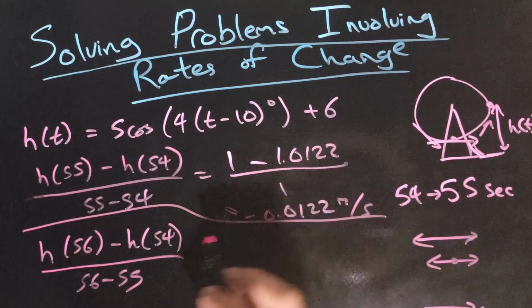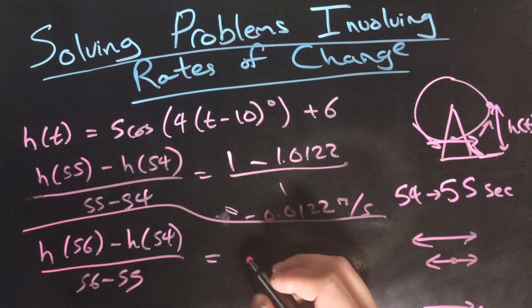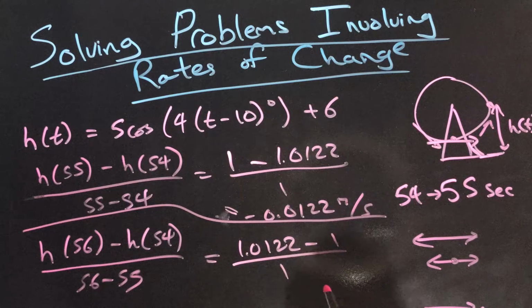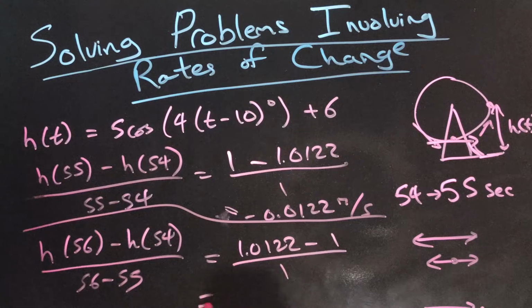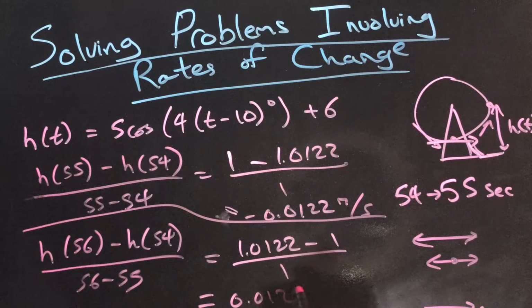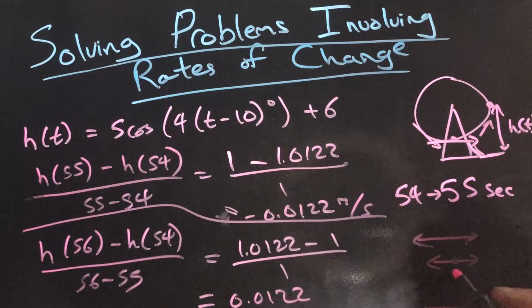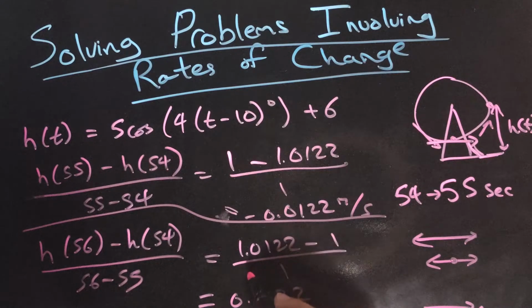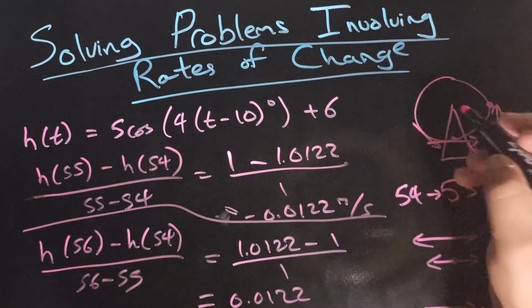That's going to be 1.0122 minus 1 over 1, which again is going to give us 0.0122. So, what do we know now? That based on this information at 56, you're going to have 1.0122 meters above the ground.